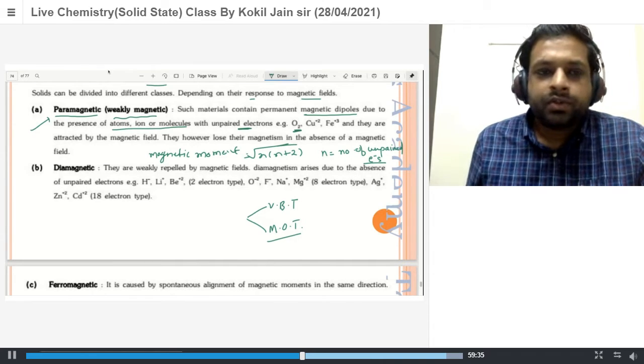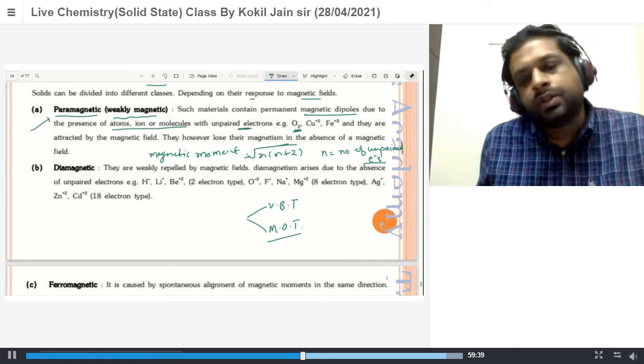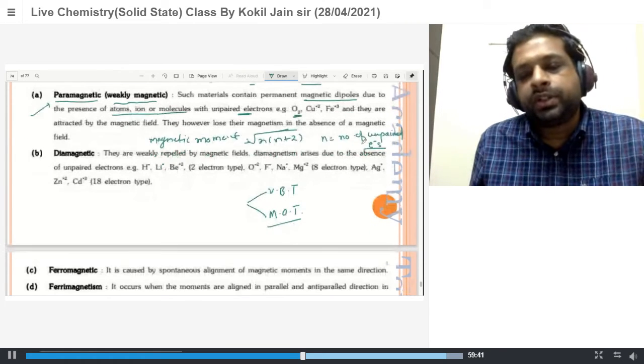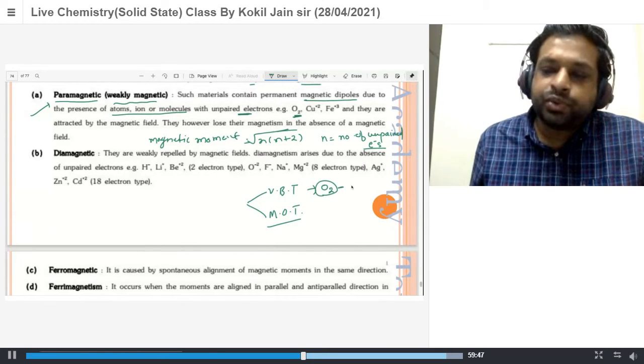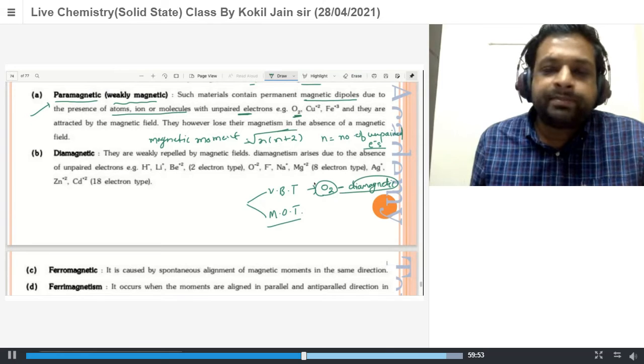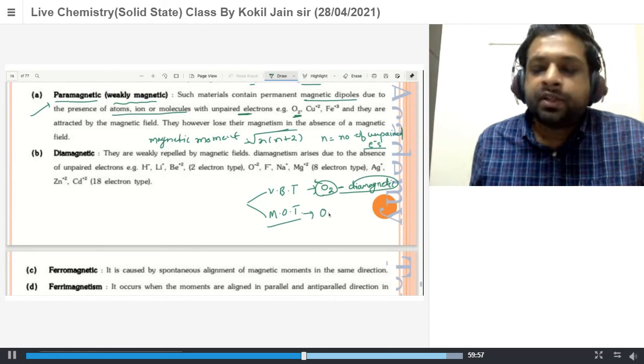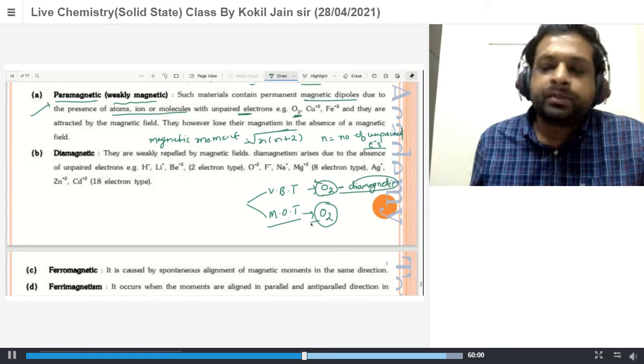Bindu has found. Okay. Now, in valence bond theory, we see O2 as diamagnetic. It used to show diamagnetic, but O2 displayed the behavior like paramagnetic. Through MOT only we could calculate that O2 is actually paramagnetic.